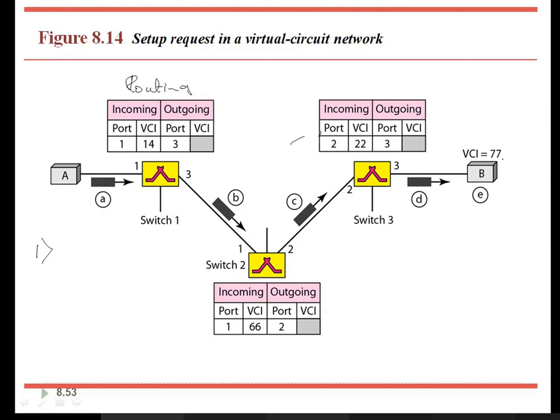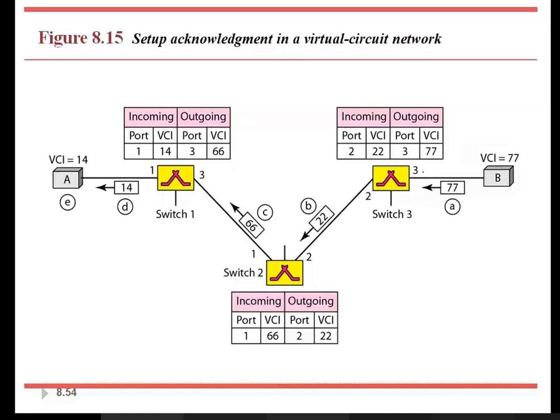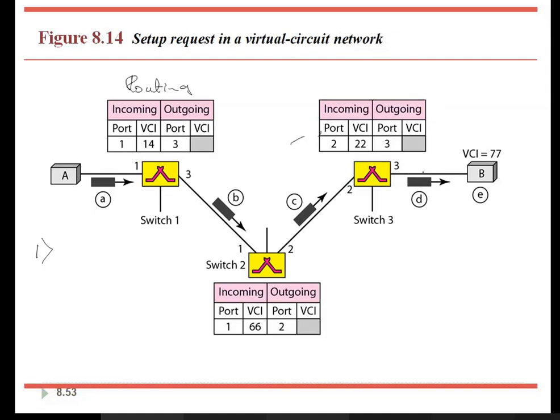Now what is it going to do? If the destination is ready to communicate with A, it has to send the response. This diagram shows only the setup request, that is, how the request moves from A to B while parallelly updating the routing table at each switch.